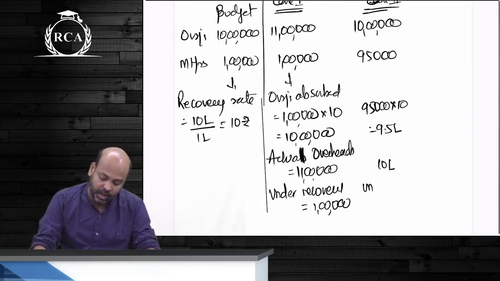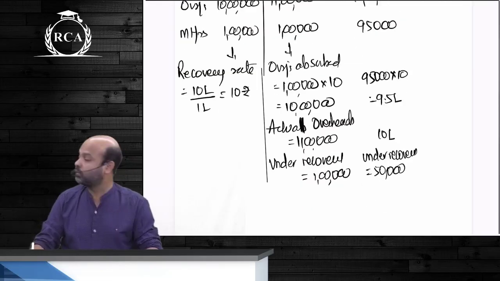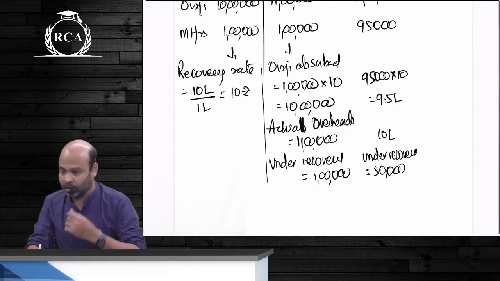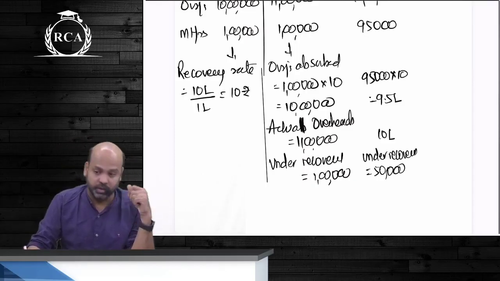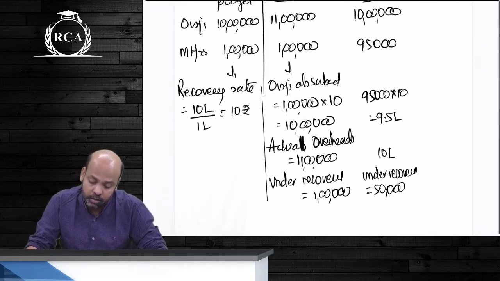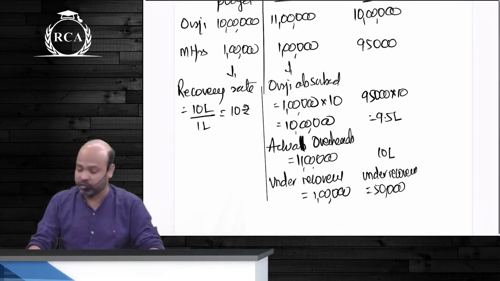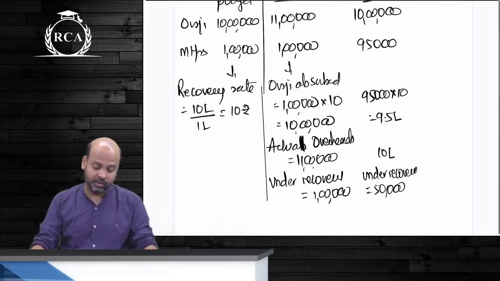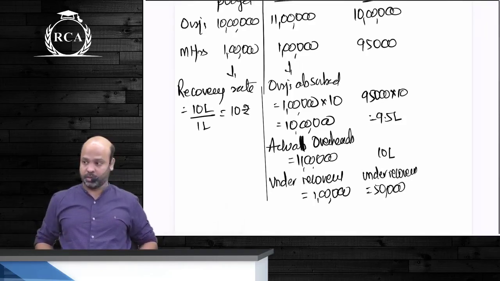Will it still be under recovery or over recovery? Under recovery. How much under recovery, beta? 50,000. Under recovery of overheads, guys, is 50,000. Case 2: overheads are 10 lakhs, number of hours are 95,000. Are we all clear about this?